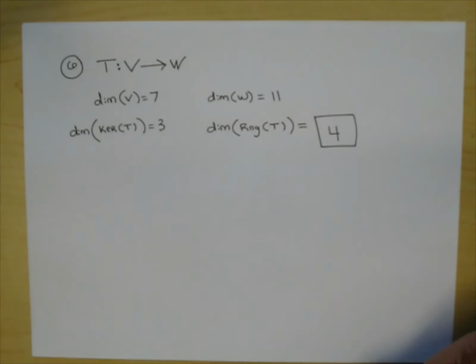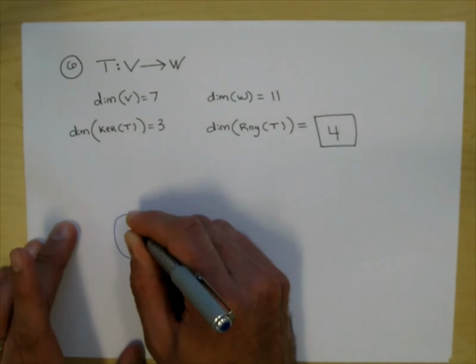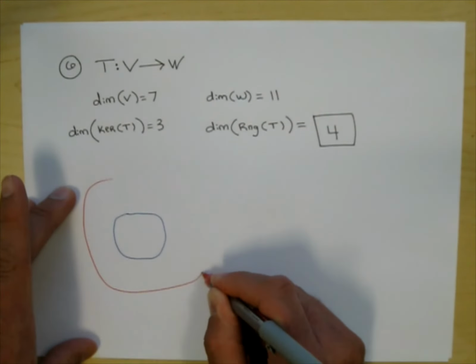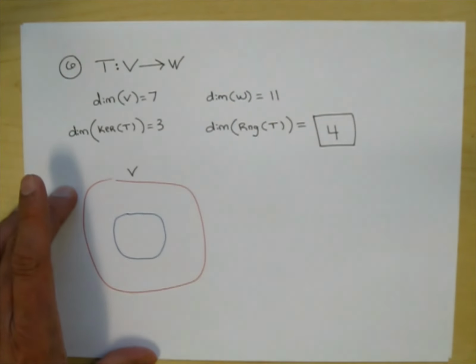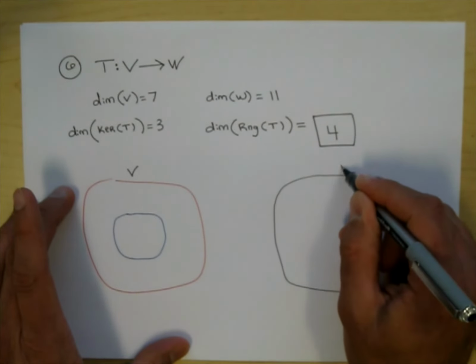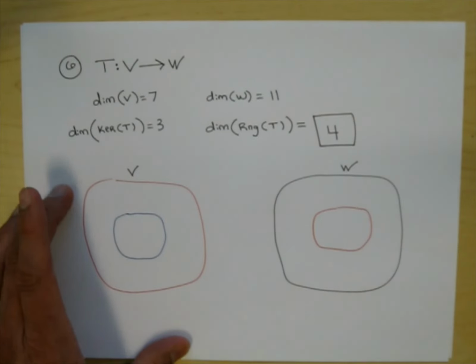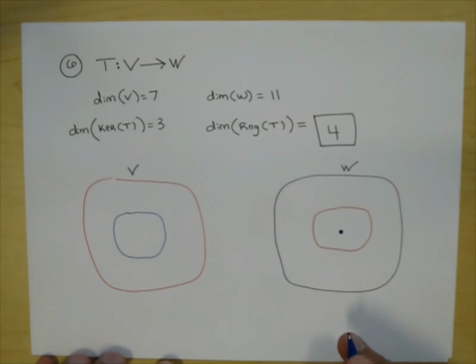Now let's take a look at our picture. I'll try to reproduce the picture I had on the other page. I just want to have a new picture for this problem. So we have V, and then we also have W, and then we have the 0 vector there, which I'll make in blue.